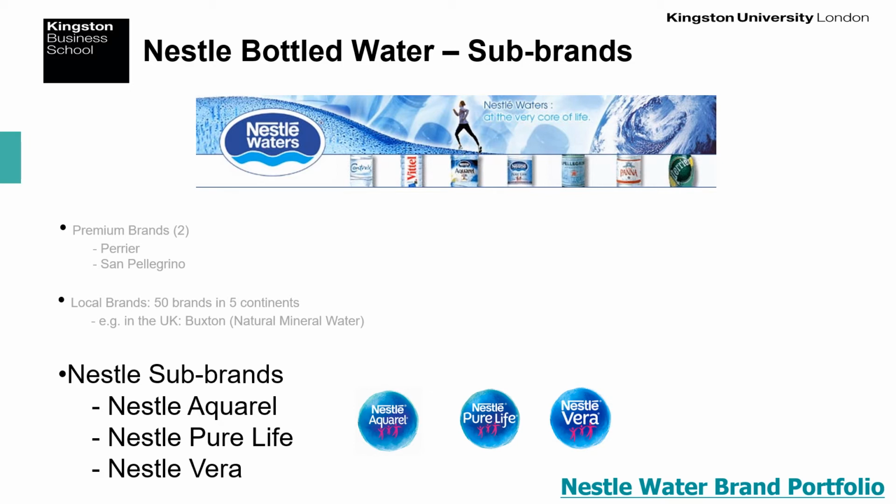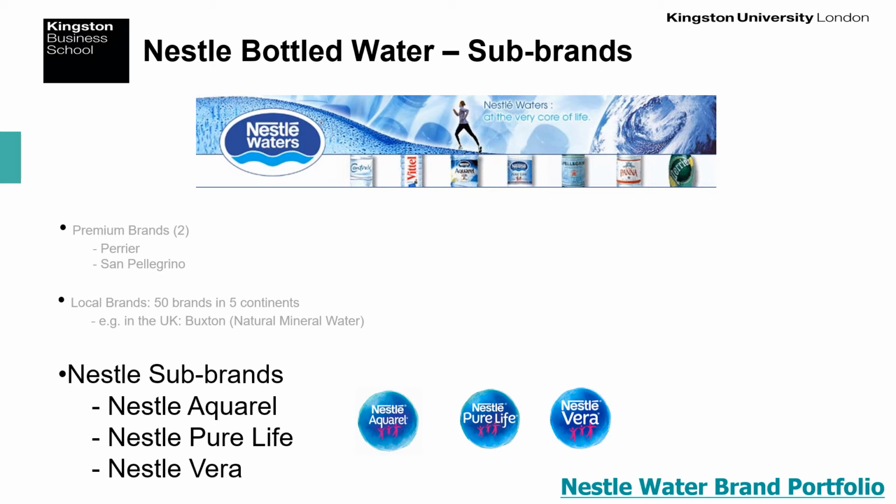The house of brands strategy, if you remember, was used in the premium segment of the market and with local brands that are specific to a country or a region. But in the more bottom end of the water market, not premium, but basic filtered water, Nestle used the sub-brand strategy with Nestle Aquarel, Nestle Pure Life, and Nestle Vera.